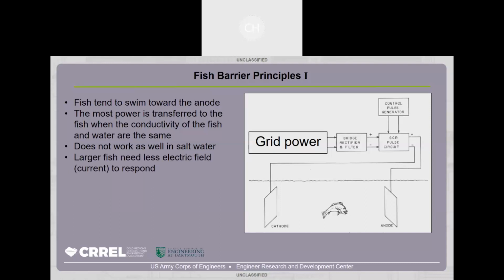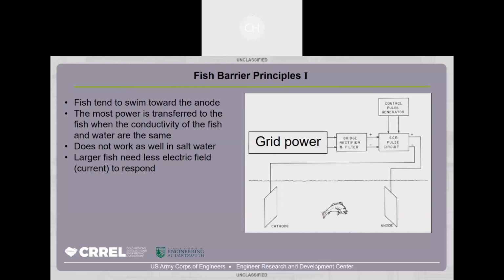Fortunately, and we'll probably talk about this later, there are also physical barriers to these fish. There are other things that step in when the conductivity of the water fluctuates sometimes. The larger the fish, the weaker the electric field needs to be to deter it.